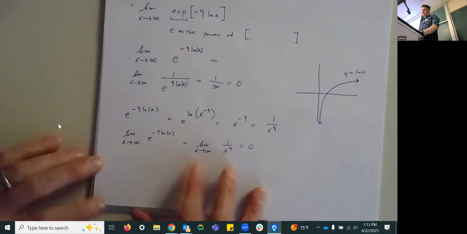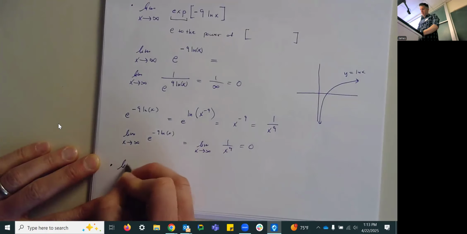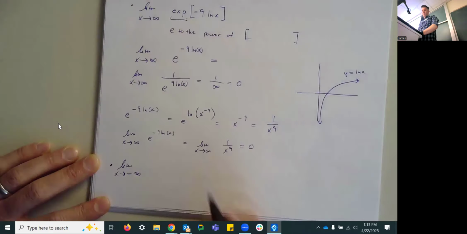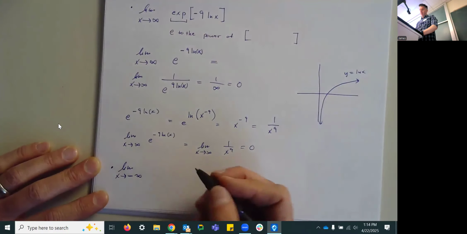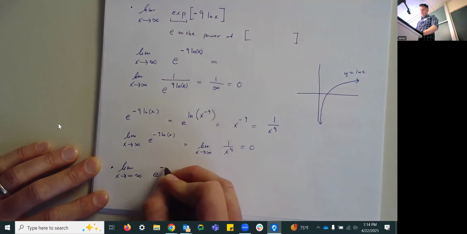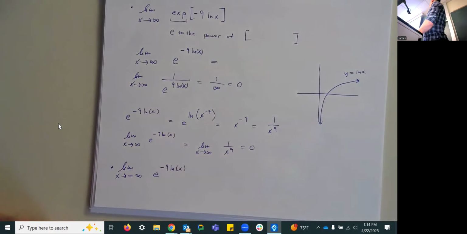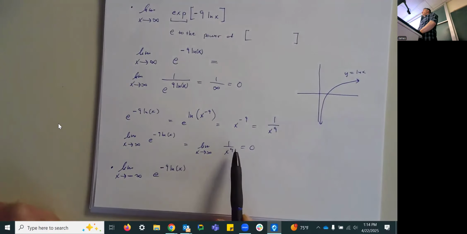So the other half of this question is the limit as x goes to negative infinity of the same thing, exp of -9 natural log of x, or as I would prefer to write, e to the -9 natural log of x. And in this case, it will not do us to simplify this. And here's why. If you simplify this, you could justify to yourself, well, yeah, 1 over x to the 9th, negative infinity to the 9th power is going to be a really, really, really big negative number.